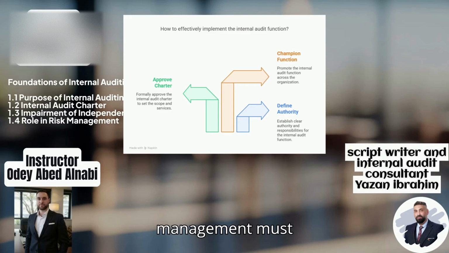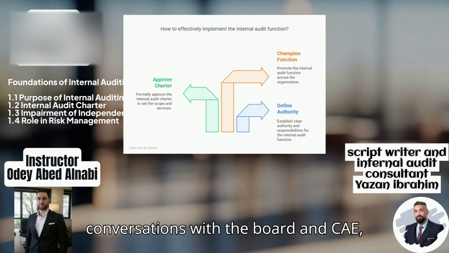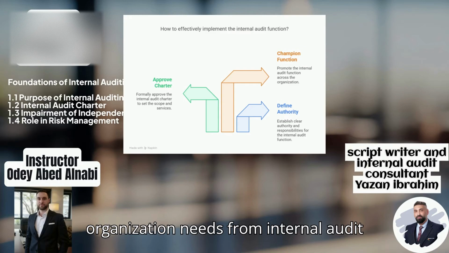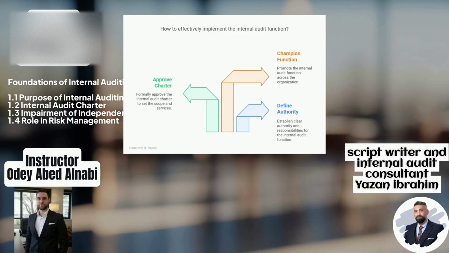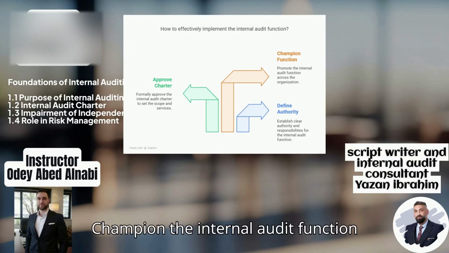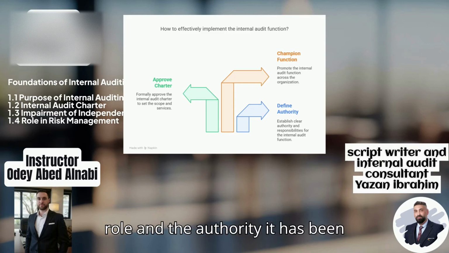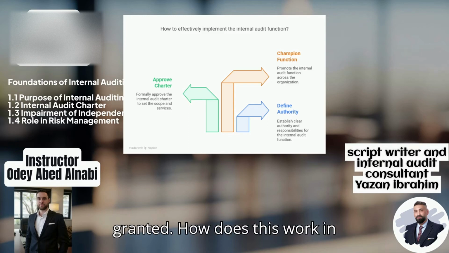Senior management must actively participate in those conversations with the board and CAE, sharing their perspective on what the organization needs from internal audit as its mission is defined. Champion the internal audit function across the organization, reinforcing its role and the authority it has been granted.